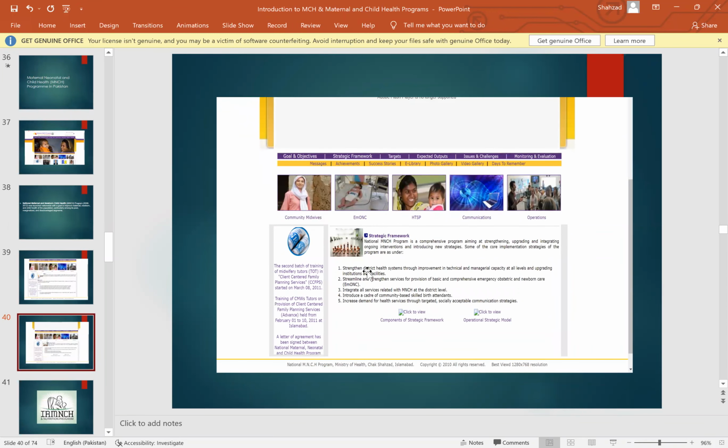The strategic framework. The National MCH Program is a comprehensive program aiming at strengthening, upgrading, and integrating ongoing interventions and introducing new strategies.